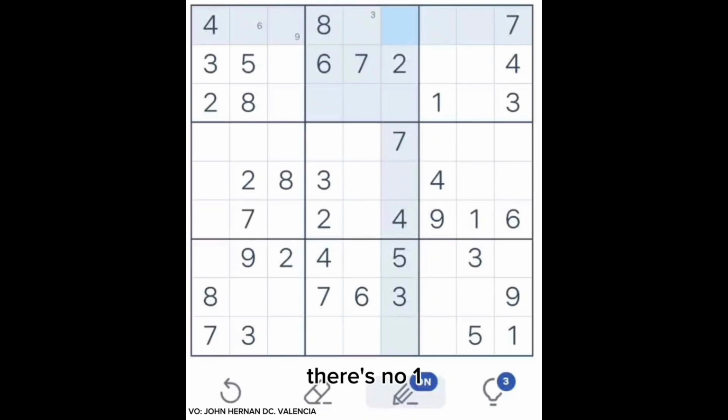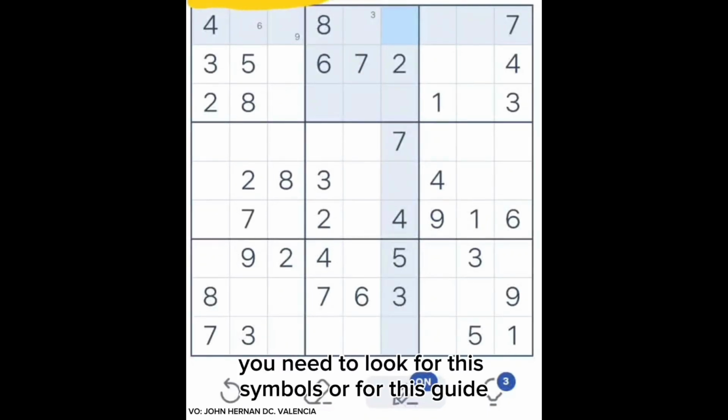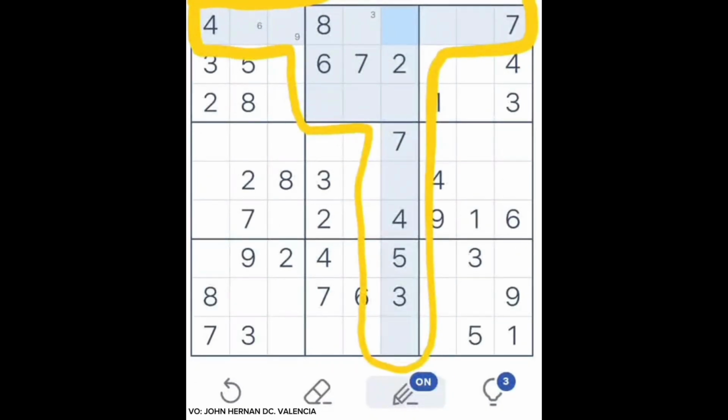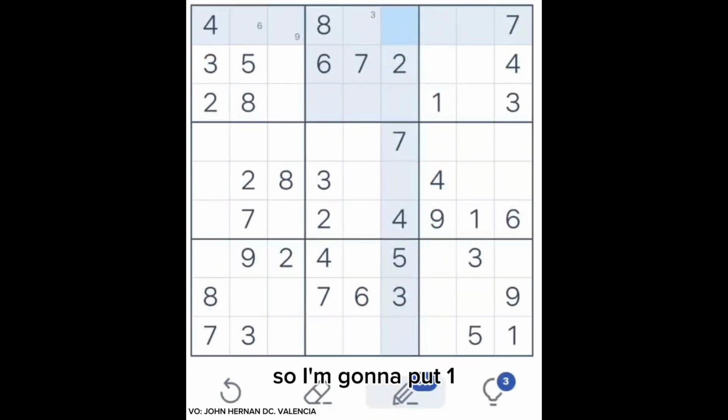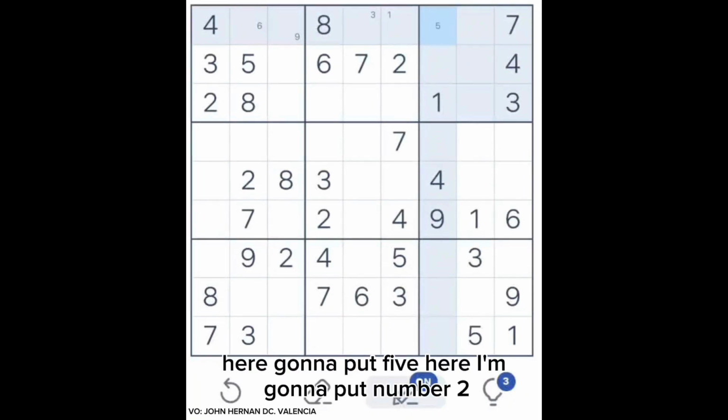There's no 1. So when you are putting numbers, you need to look for these symbols or for this guide. So I'm gonna put 1. Here, I'm gonna put 5. And here, I'm gonna put number 2.